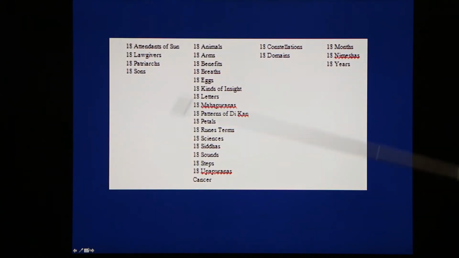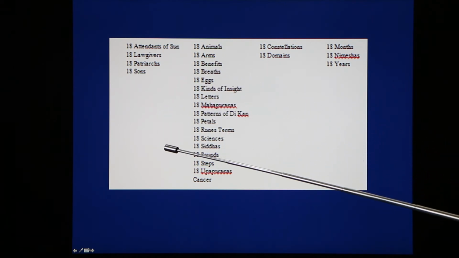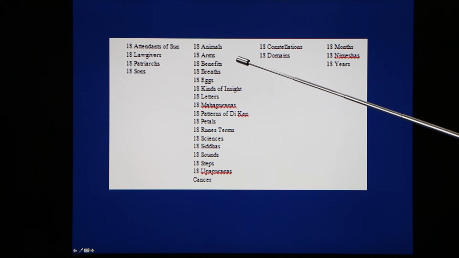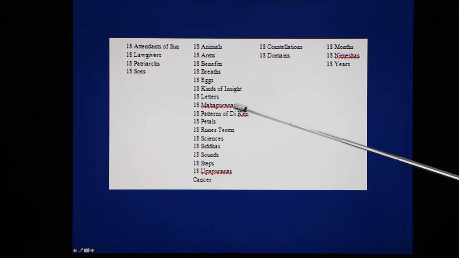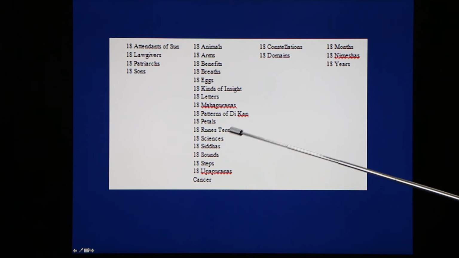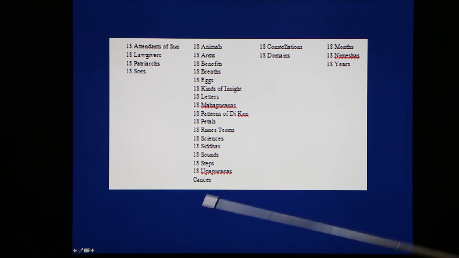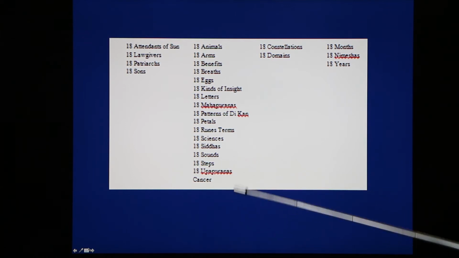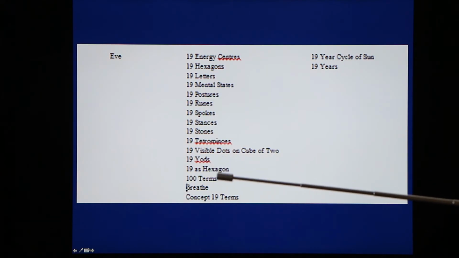18. 18 attendants of the sun, lawgivers, patriarchs, sons, animals, arms, benefits, breaths, eggs, kinds of insight, letters, Mahapuranas, 18 patterns of Dekan, petals, runes, sciences, siddhas, sounds, steps, Upapuranas, constellations, domains, months, nimeshas, years. 19.